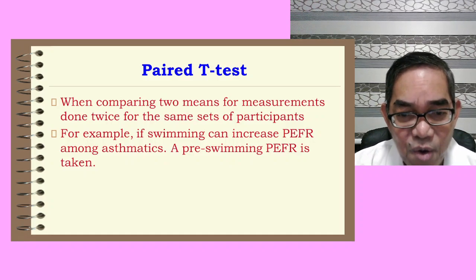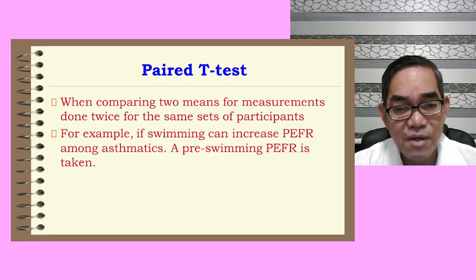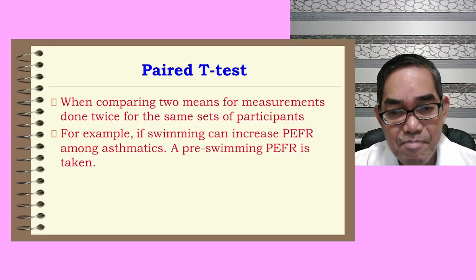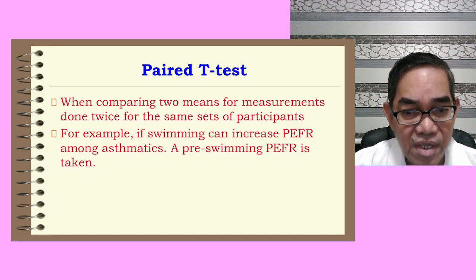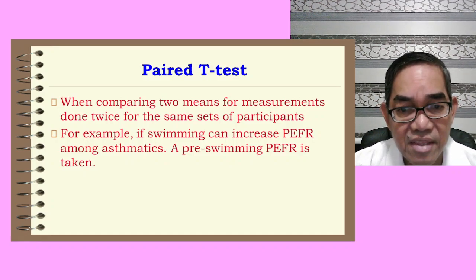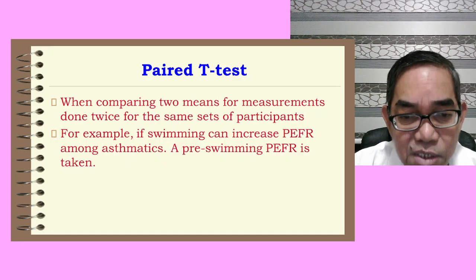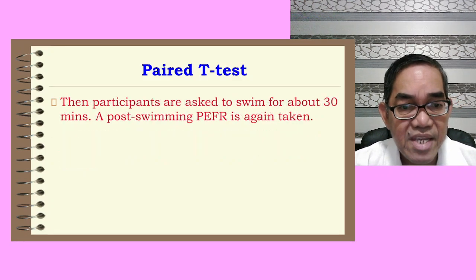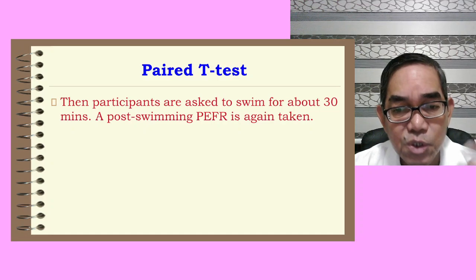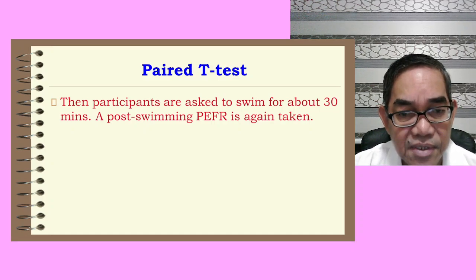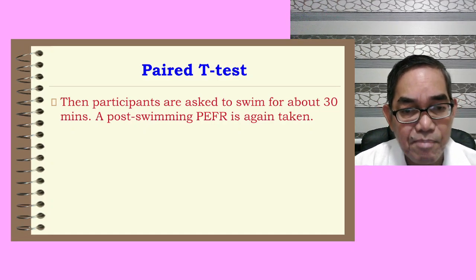So we will calculate for the pre-swimming PFR. So we calculate the PFR of participants before swimming. And then we ask the participants to swim for about 30 minutes. And then after 30 minutes, a post-swimming PFR is again taken.